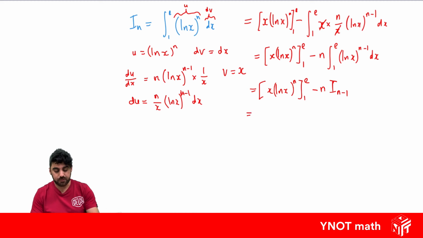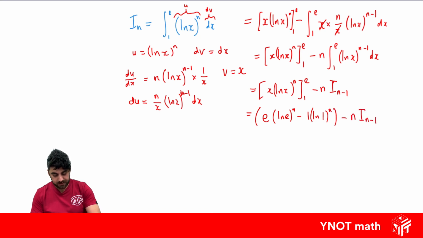We can go ahead and sub in our values of e and 1. Subbing in e for x, we get e times (ln e)^n, minus, subbing in 1, we get 1 times (ln 1)^n, minus n times I_(n-1).